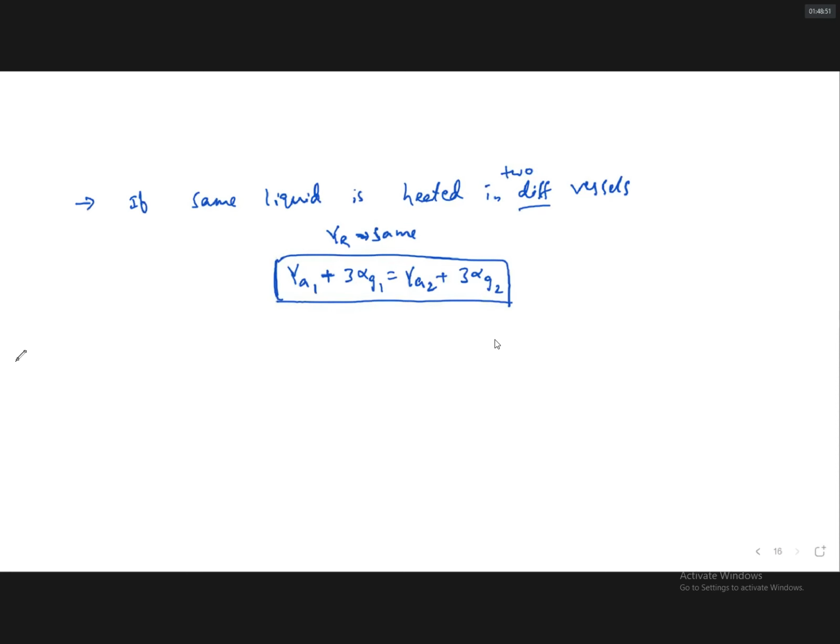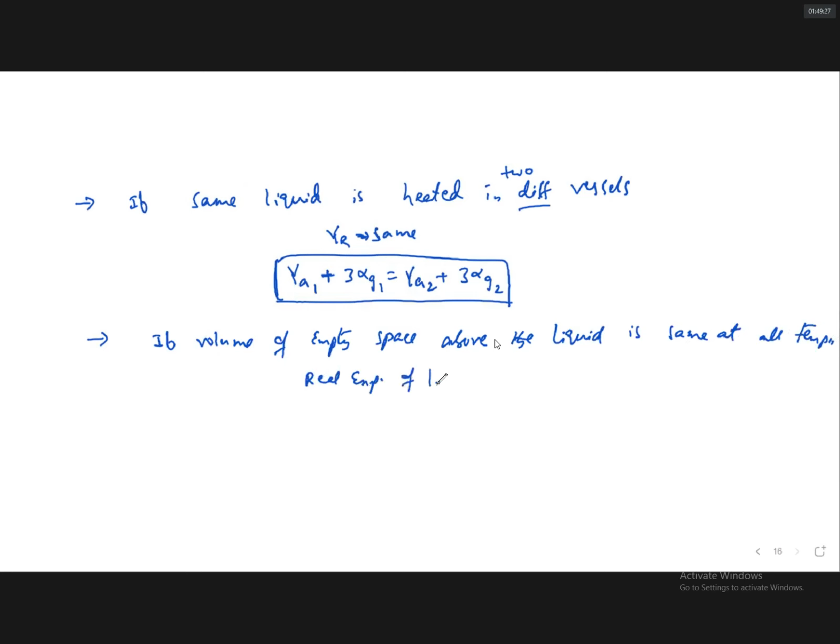Now, if the liquid is taken in a container and the volume of empty space above the liquid is the same at all temperatures, then the real expansion of the liquid is equal to the cubical expansion of the vessel.